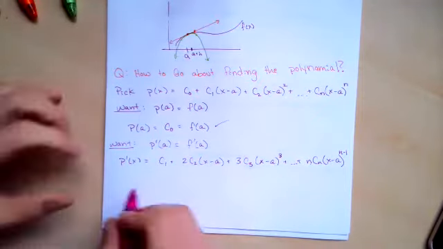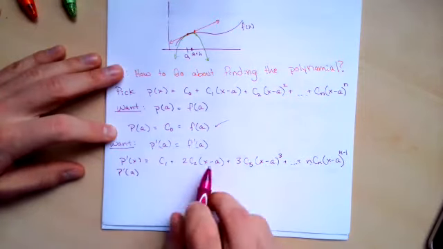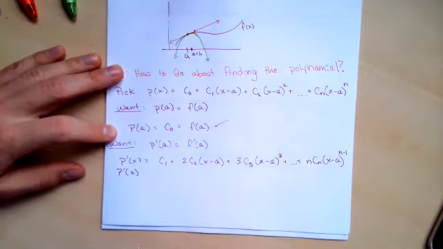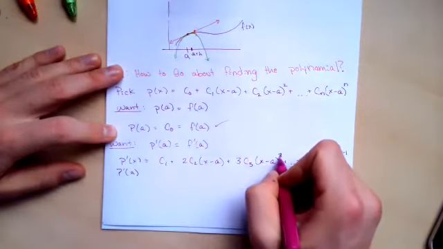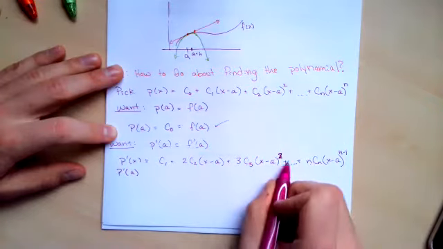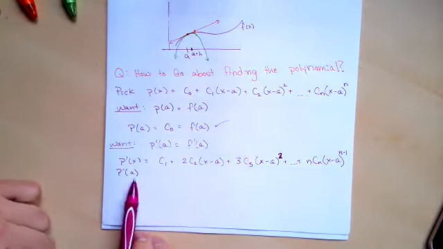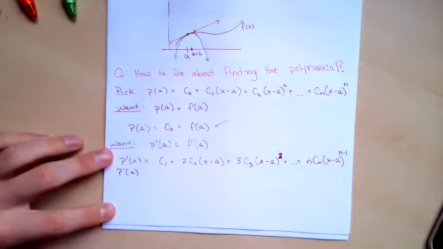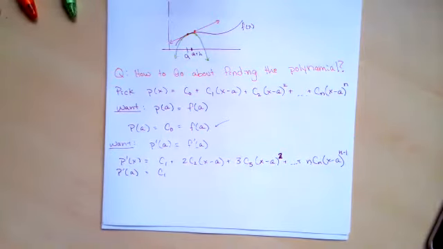And so again, what happens when we plug in A? All of these higher order terms, did I skip a term? X to the 1, x to the, sorry, this one should have been 2, because we dropped that 3 down and reduced that to degree 2. When I plug in A, all the higher order terms drop out, and we just get our first constant, or our degree 1 constant.